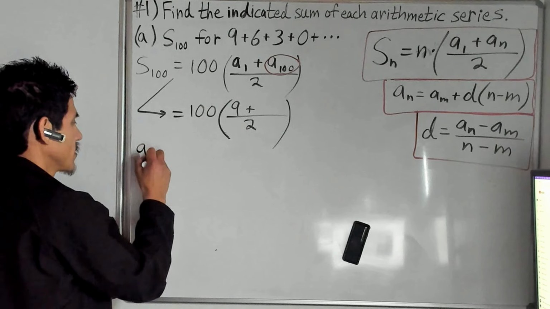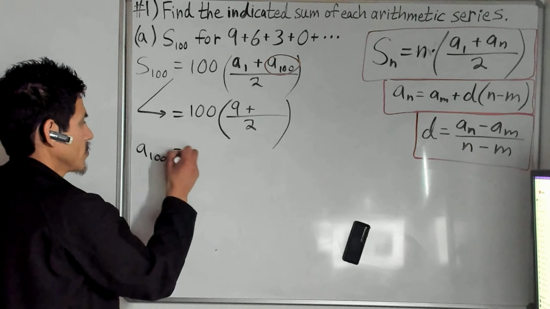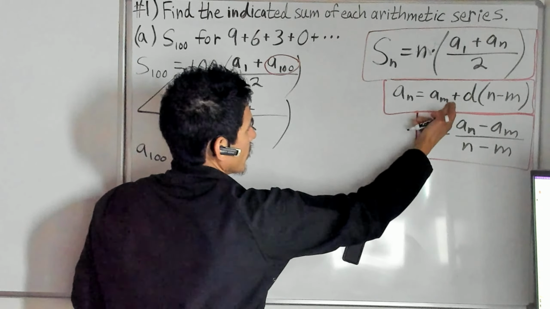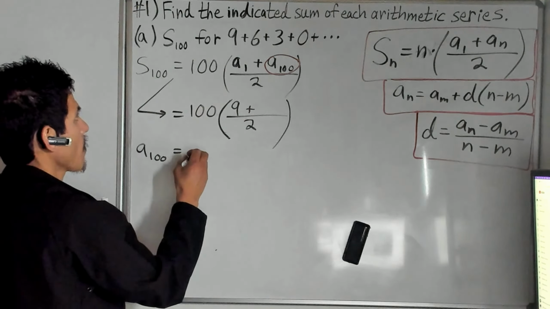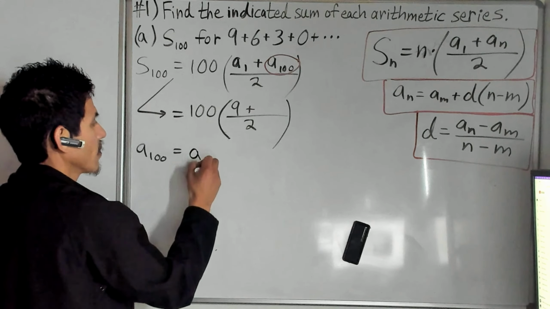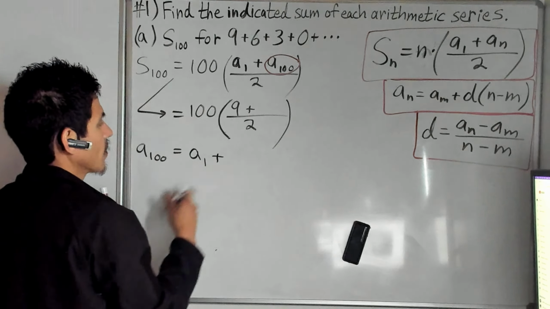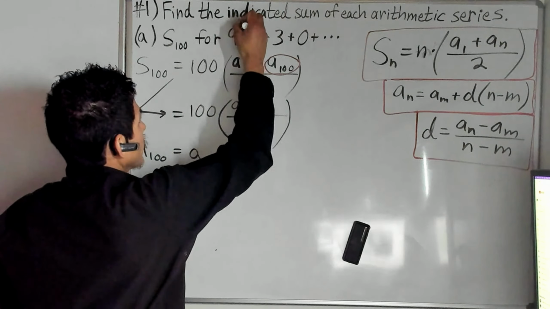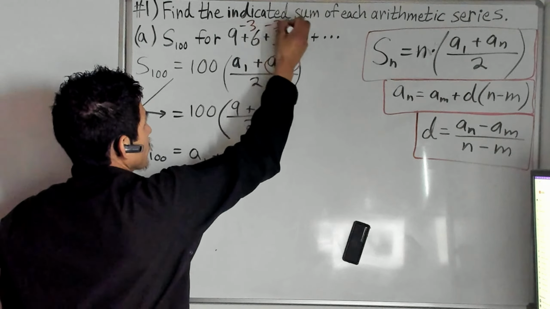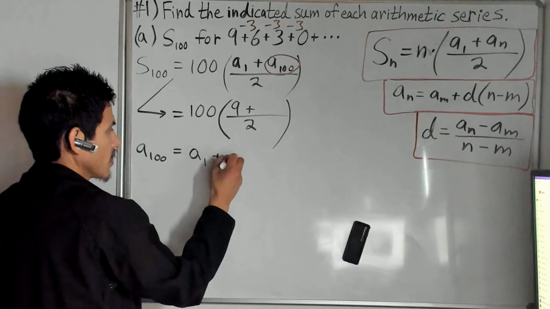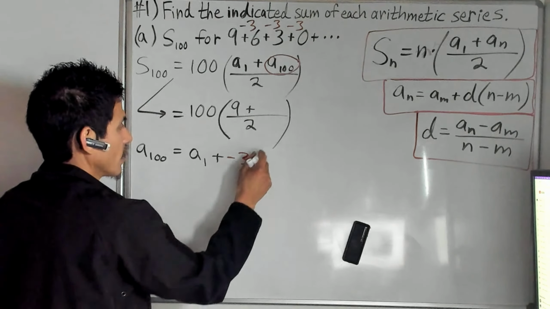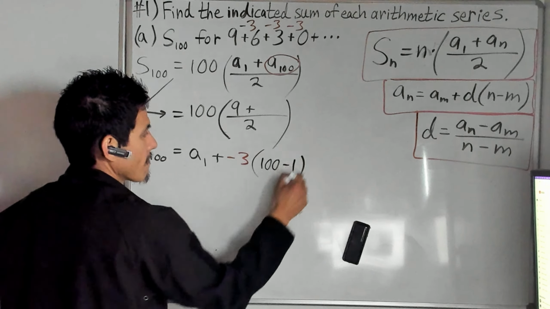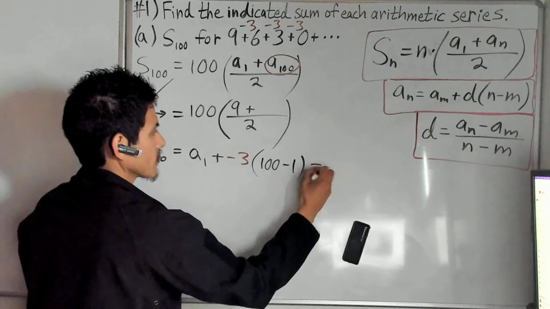So let's set a100 equal to, and let's just use one of our equations from before, a sub n equals a1 plus d times n minus 1. Let's go with a1 plus d, our common difference, which will be -3 because we're going down 3 each time, so plus -3 times n, or 100 minus 1. And we work it down.